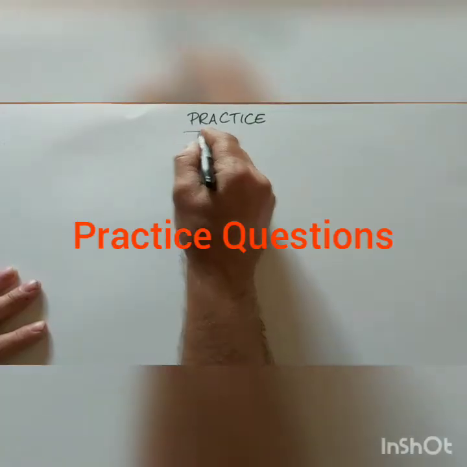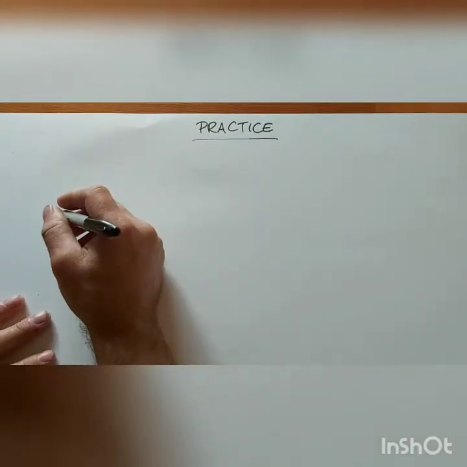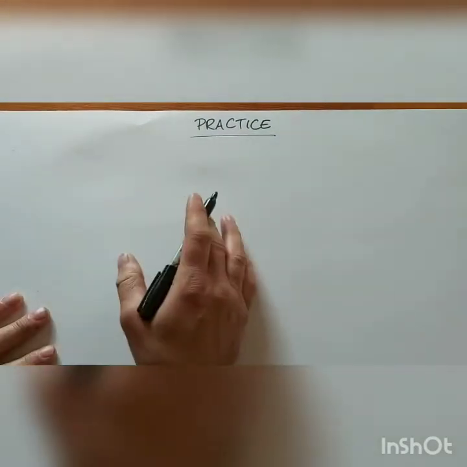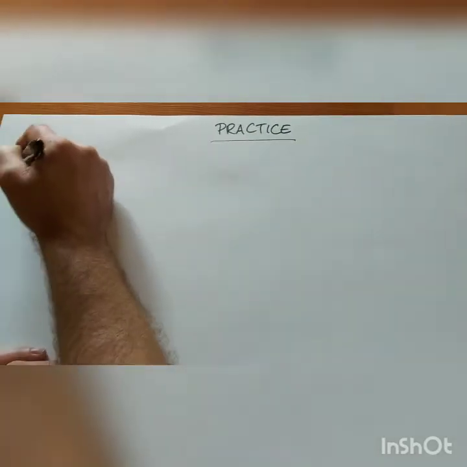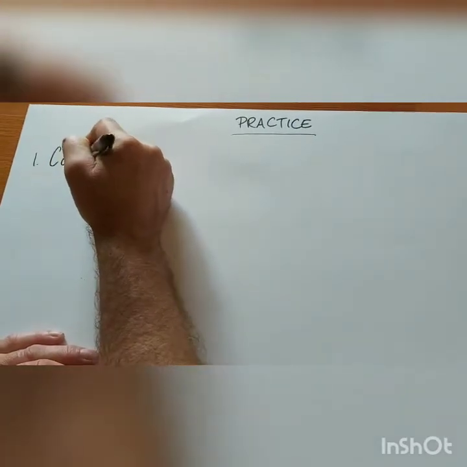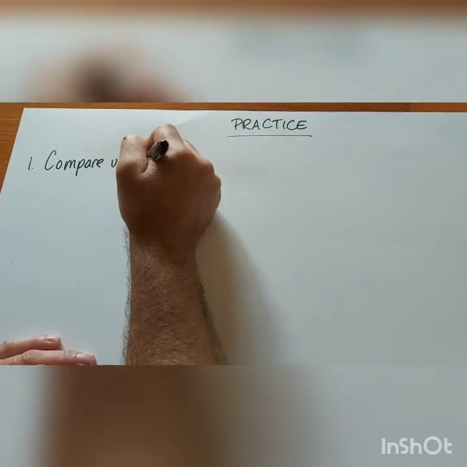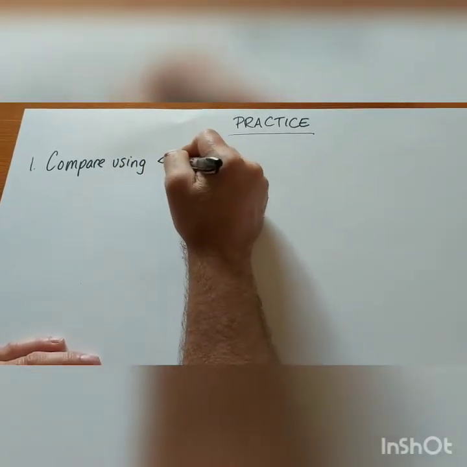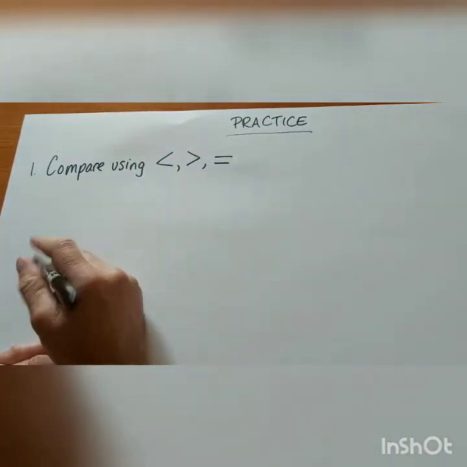Pause. So for your benefit, we're going to try some practice questions. I'm going to write them out for you, and then at the end of the video, I'll show you some quick solutions. So in the first case, for number 1, I would like you to compare using less than, greater than, or equal to.